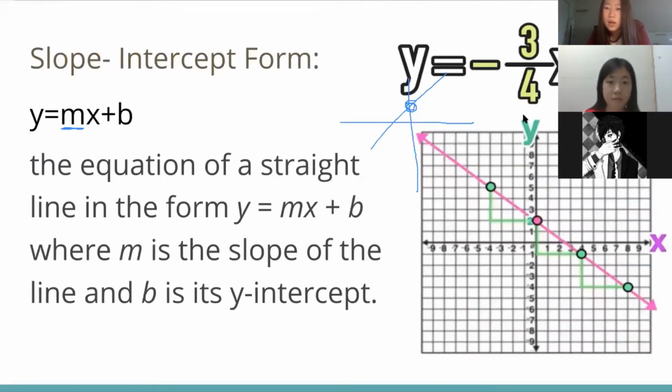And basically you can see that the line went down 3 and went right 4. Going down is negative, so this is why you have a negative sign here, and going right is positive, so it's negative 3/4. And plus 2, you see that the 2 is here. So if the y-intercept is anywhere under 0, it would be negative here.